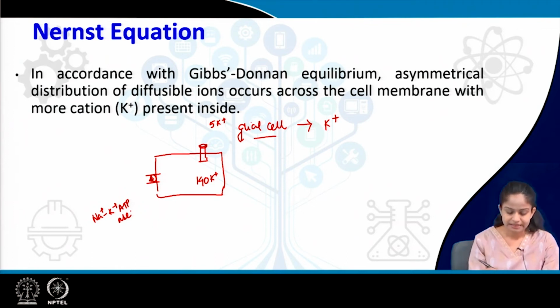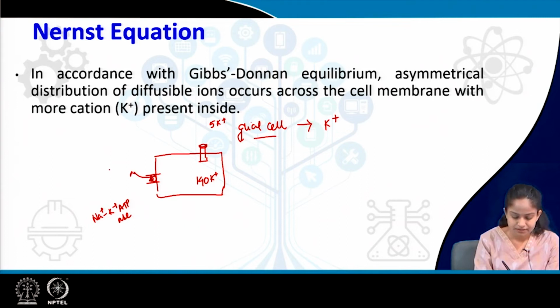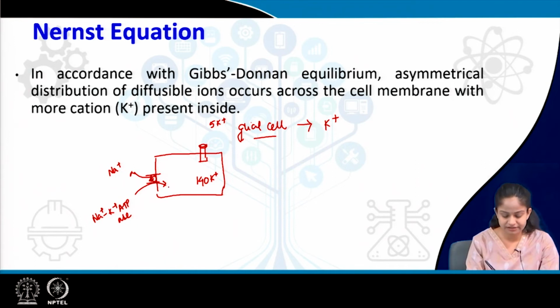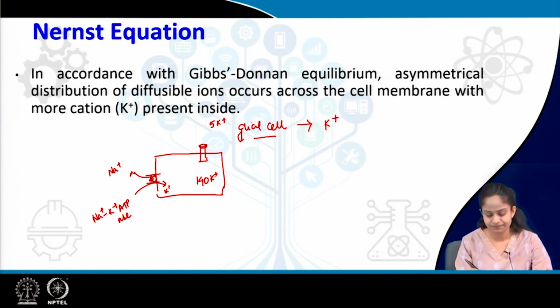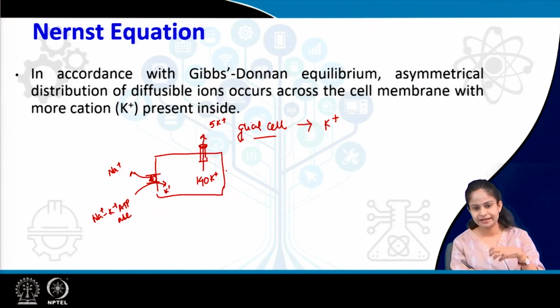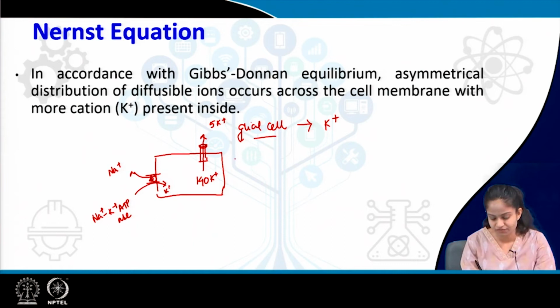Now, what does it do? It throws 3 sodium outside, and influx of 2 potassium occurs. In this way, the potassium concentration inside the cell is more compared to the extracellular fluid. So, what will this cell try to do? This cell will try to push potassium outside. When the potassium tries to get from inside to outside, this is mainly because of the chemical gradient.